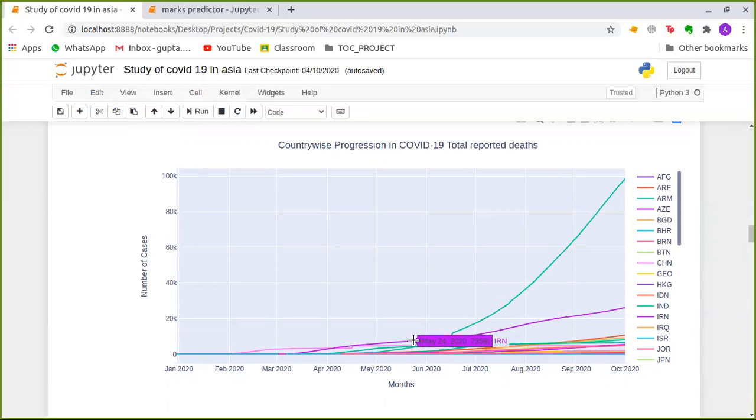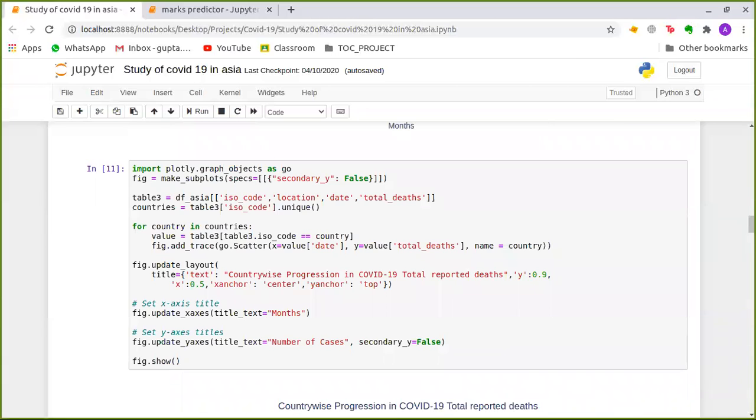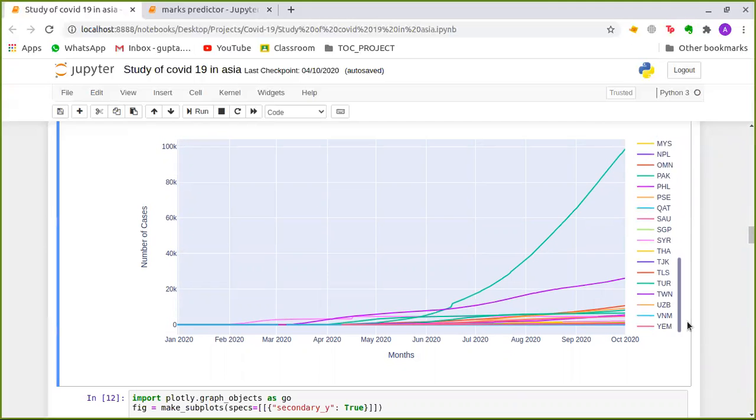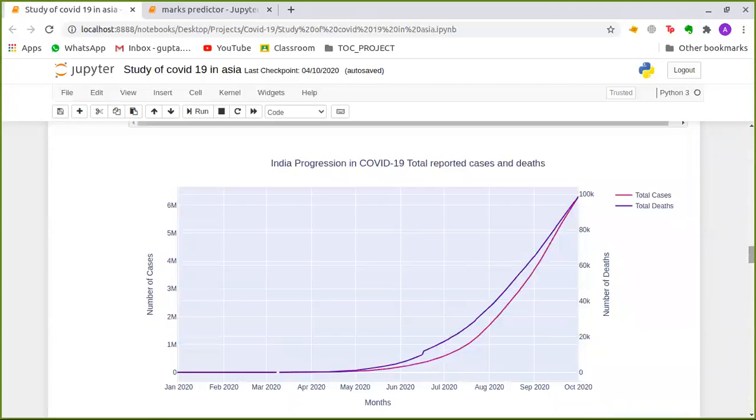However, Iran initially was ahead for a fair bit of time till June, as our graph shows, and then India overtook Iran in July in number of deaths reported. Each country in this graph is color coded as the legend shows us, with a different color.